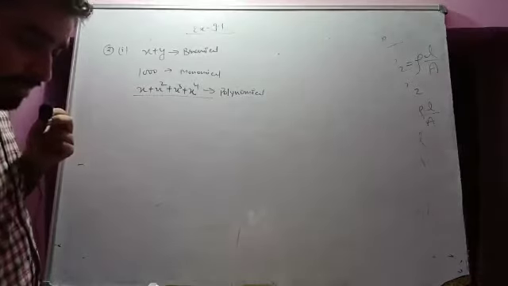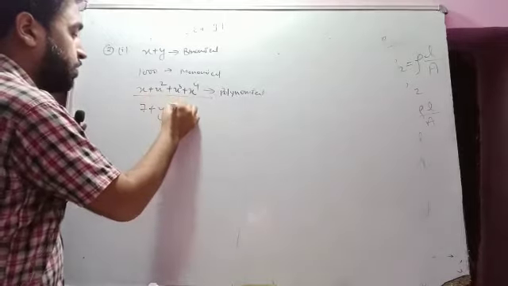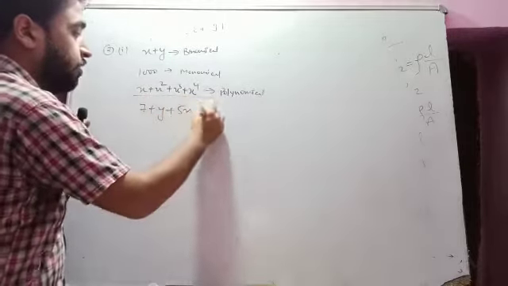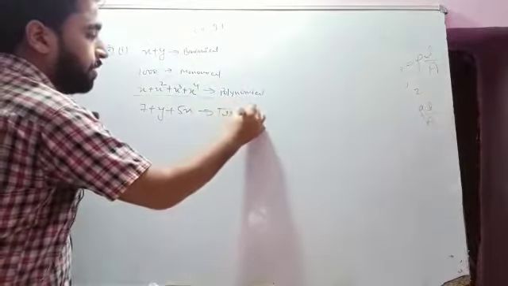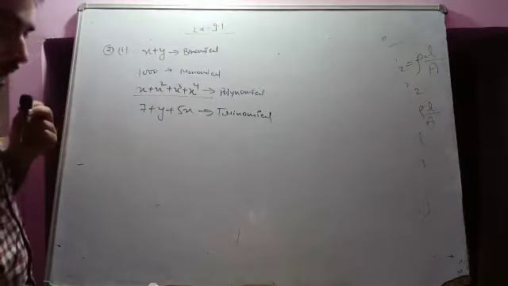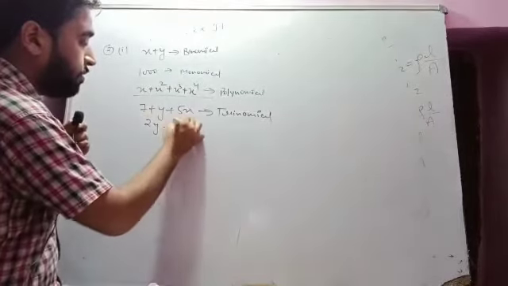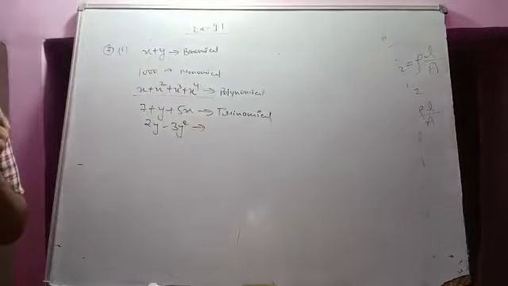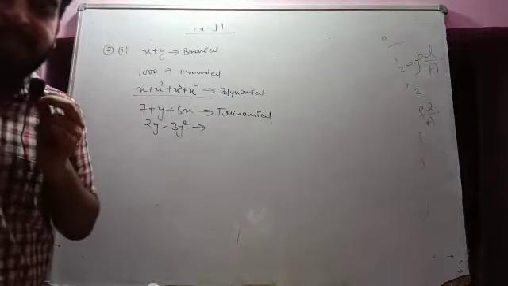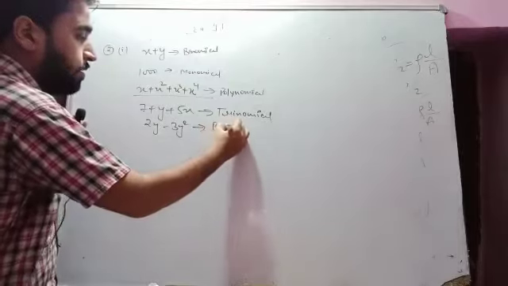Then x plus y plus 5x. How many terms are there? There are a total of 1, 2, 3 terms. For 3 terms we use the term trinomial. So this is trinomial. Then next one, 2y minus 3y square. How many terms? There are a total of 2 terms. If an algebraic expression contains 2 terms, we use the word binomial. So this is binomial.